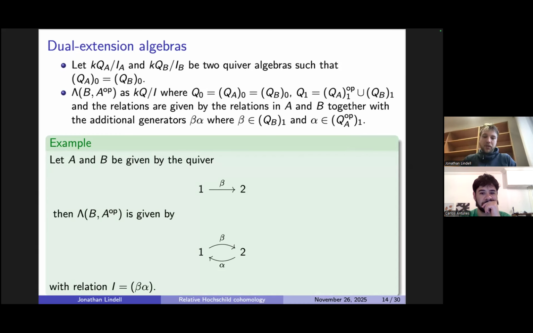Then we get the quiver given by these two arrows. And then we are supposed to also introduce this generator, which says that first going alpha and then going beta is 0. So this is the dual extension algebra of A2 by itself. And this specific algebra appears, for example, in the representation theory of SL2.